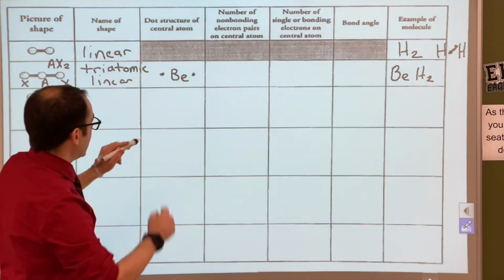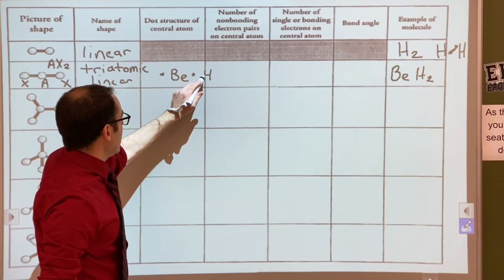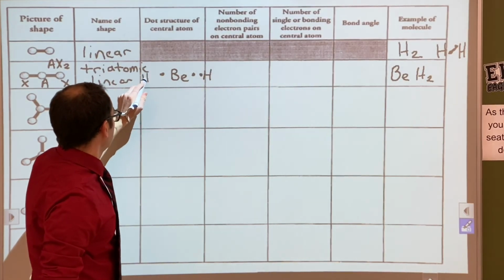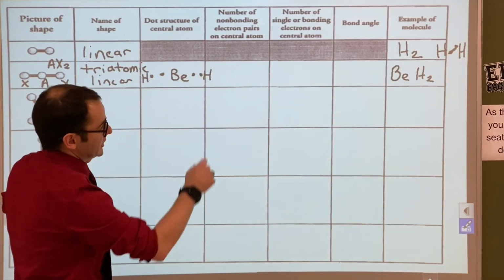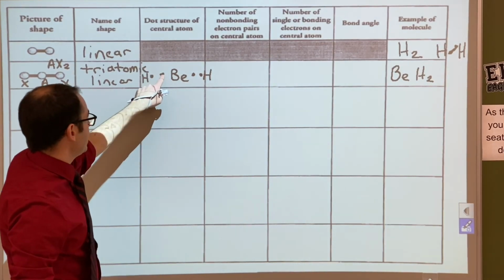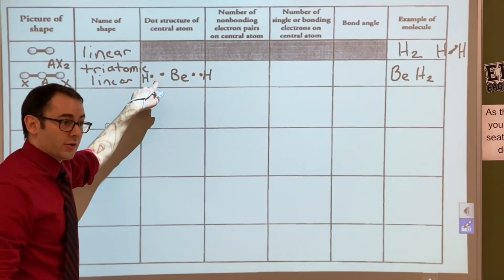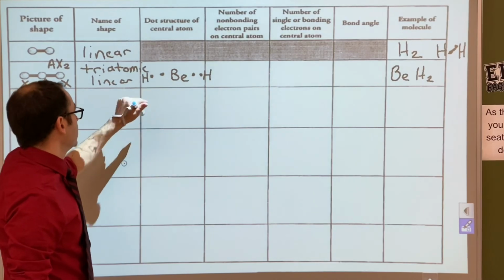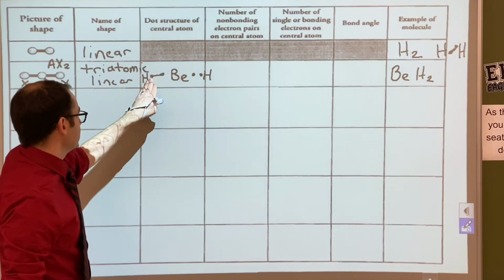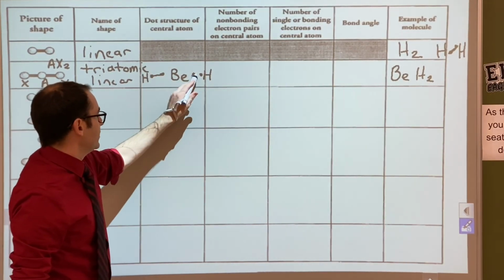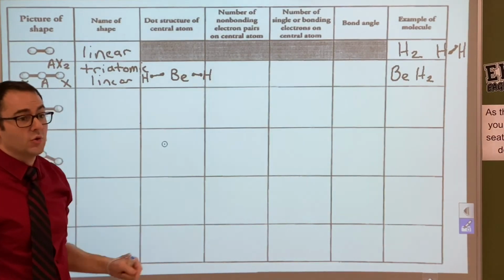Okay, and then we have hydrogens we're going to add, and we'll add them here and here for the same reason as we did for H2, because if they have 1 electron, they're going to want to share with another electron. Because now the hydrogen's happy, it has 2 around it. And then this hydrogen's also happy, it has 2 around it.